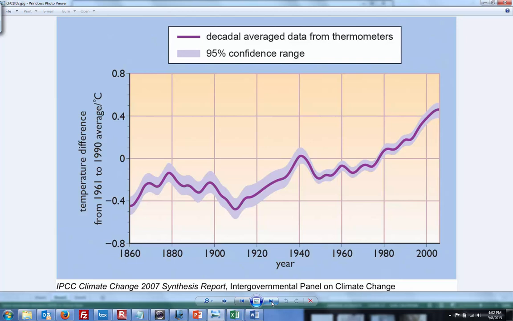And then here's the changes in temperature, going back all the way to 1860. There are some solar events, some volcanic events that affect this.